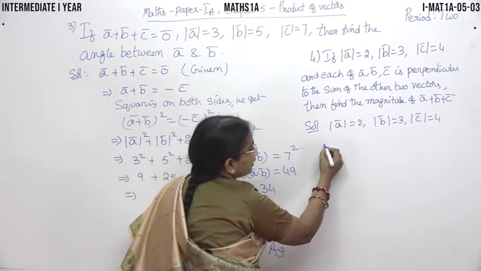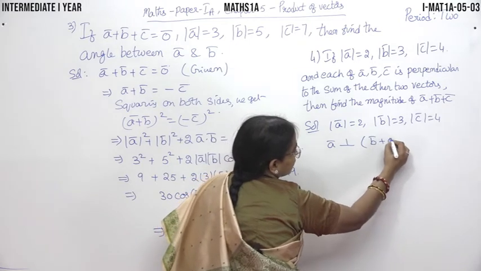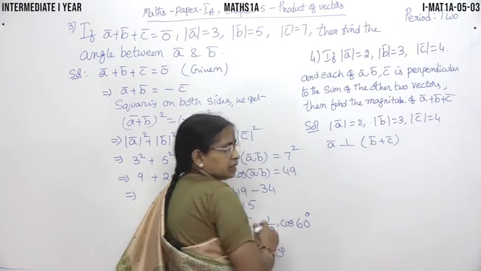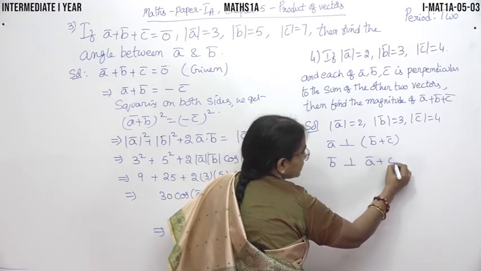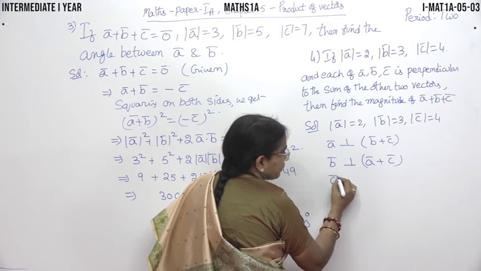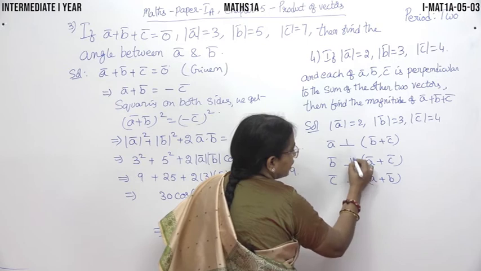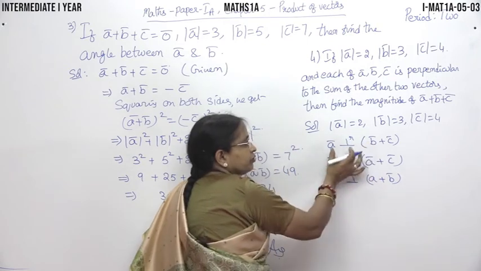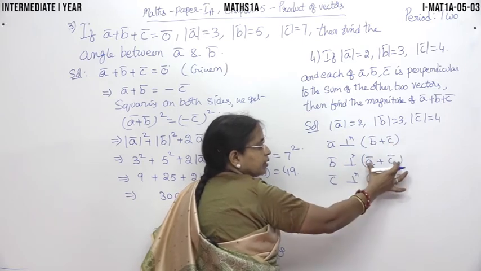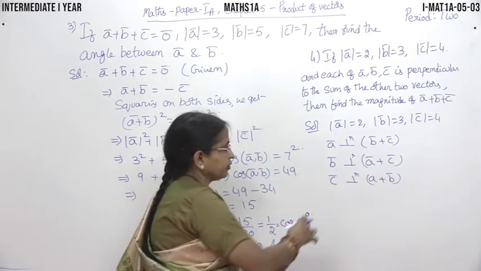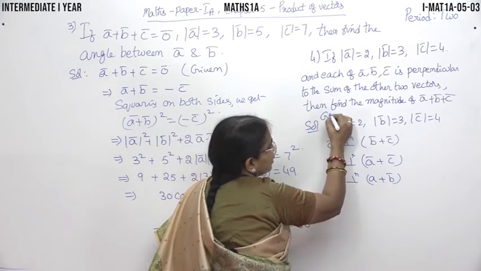That means A is perpendicular to the sum of the other two vectors, meaning B plus C. And similarly, B is perpendicular to A plus C, and C is perpendicular to A plus B. So these are all given in the problem.